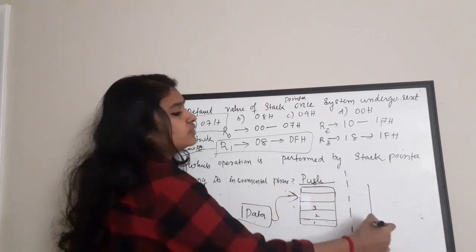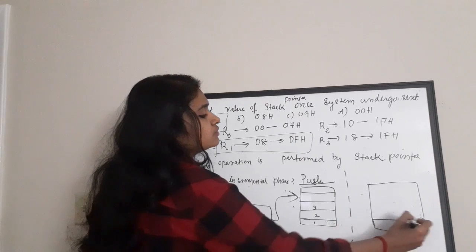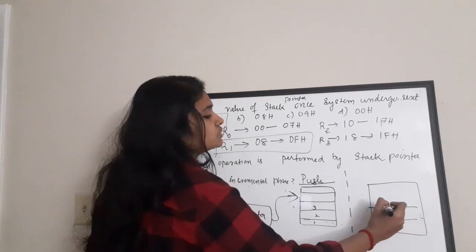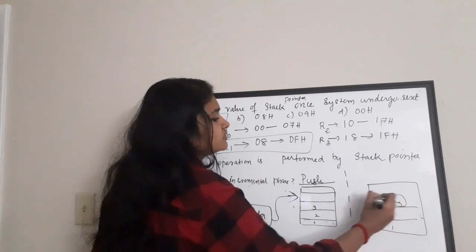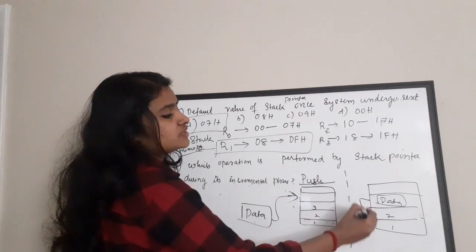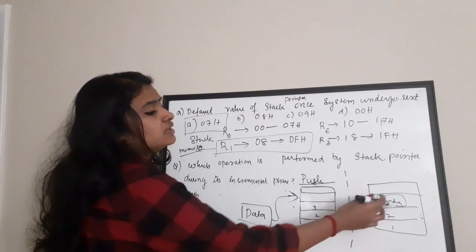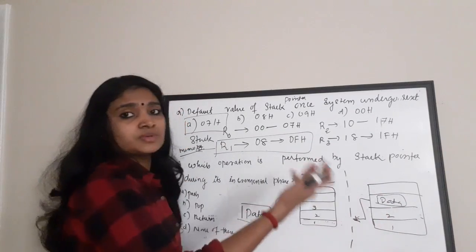Now, what is pop? Let this be my data. I have to retrieve this data. In order to retrieve this data, what will happen? First the data is retrieved, then after removing, this is a vacant space, right?